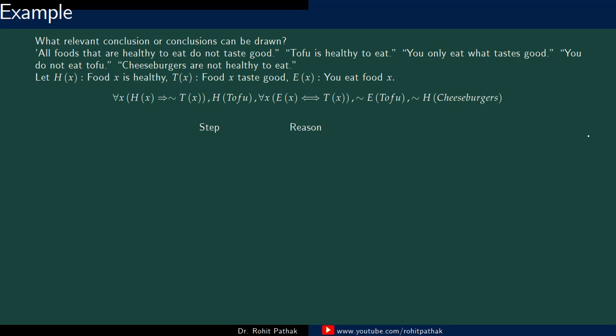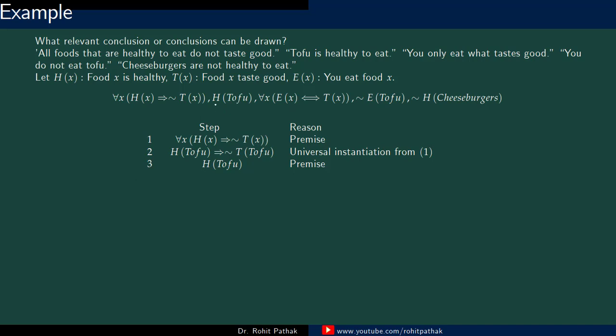Again we proceed one by one. I take the first premise: for all x, Hx implies negation Tx, which is a premise. Since this is true for all foods, we can take in particular tofu. So H tofu implies negation T tofu, that means tofu is healthy to eat but does not taste good.